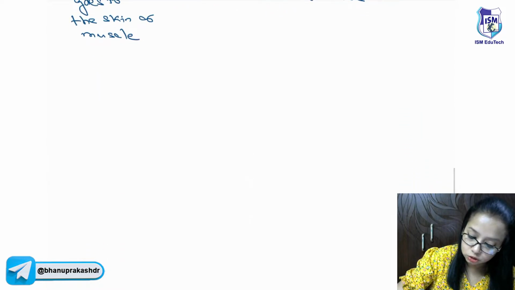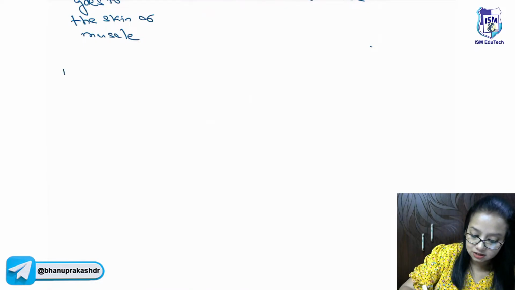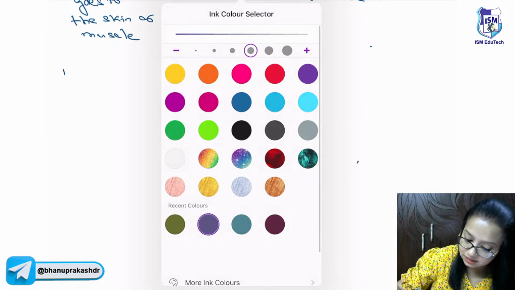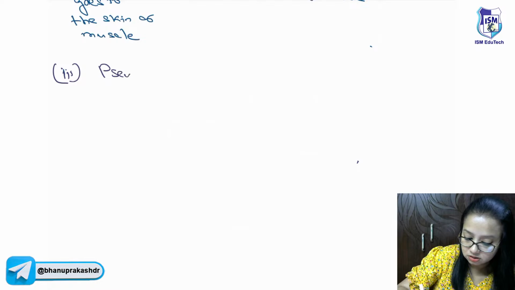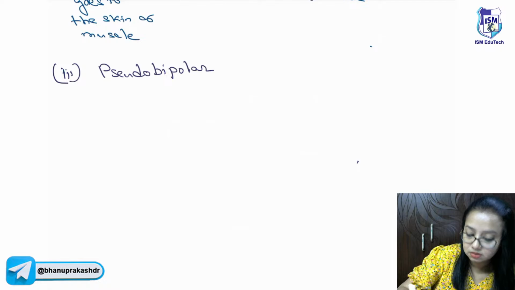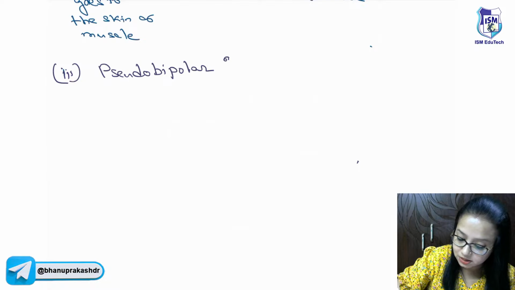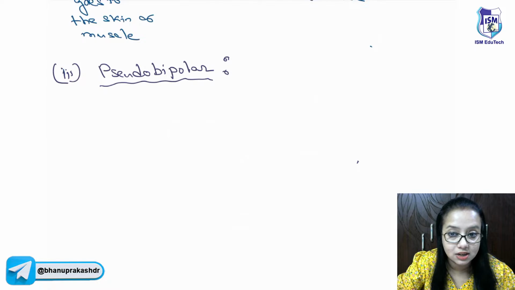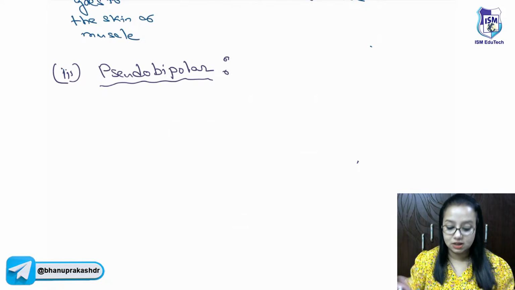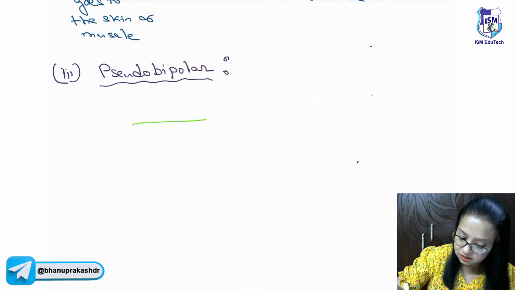Okay. The third one, which is also a type of bipolar neuron, but nomenclatured slightly differently, is the pseudo bipolar. Now, why is it called pseudo bipolar? Because structurally it is not like bipolar, but functionally it is quite like bipolar. So here the structure is something like this.